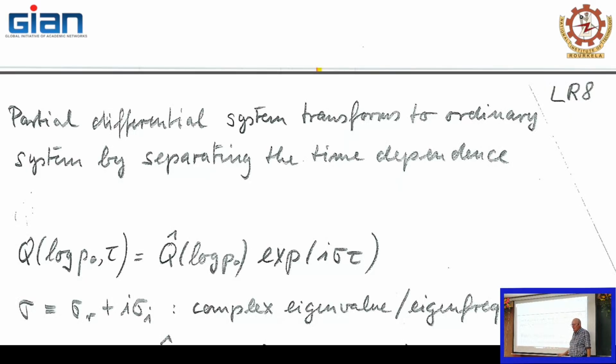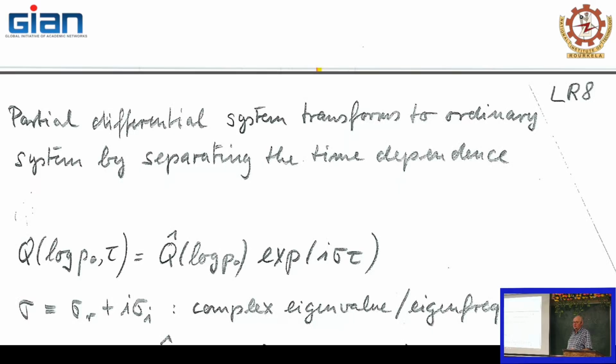So what we try as a solution is that q, which now depends on log p naught rather than m_r as before, and time t, has a part of the solution which only depends on the spatial coordinate. Let's denote it by q hat, only a function of the spatial coordinate log p naught, times an exponential of i sigma tau. This is the time dependence of the variables which we assume.